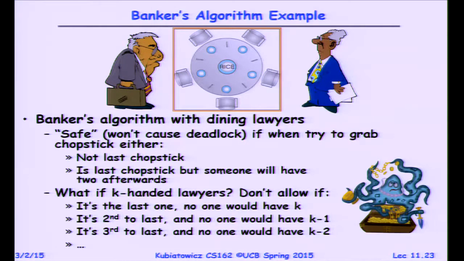So I'm giving you a set of possible ways of avoiding deadlock. Banker's algorithm is by far the most resource intensive, no pun intended. I mean, you're doing a lot of computing, right? But what it does is it lets you run the closest to the edge, getting close to deadlock without actually deadlocking. The circular dependency avoidance that I showed you earlier will always work.